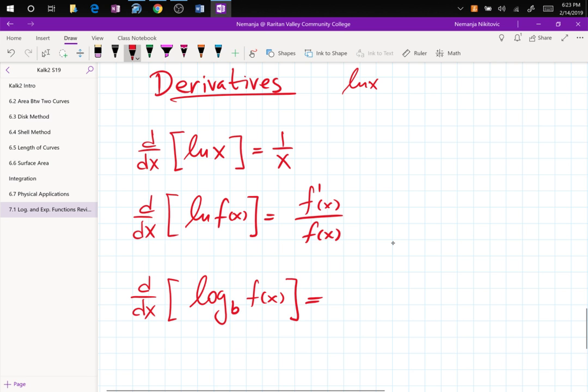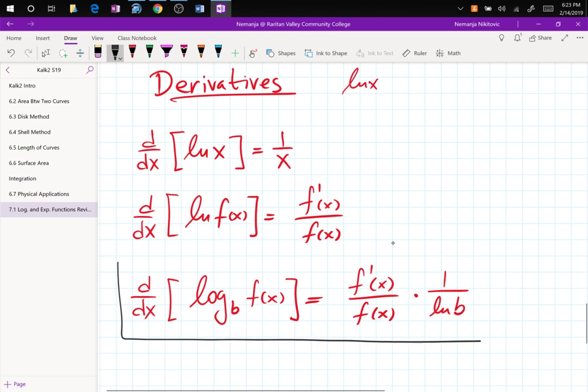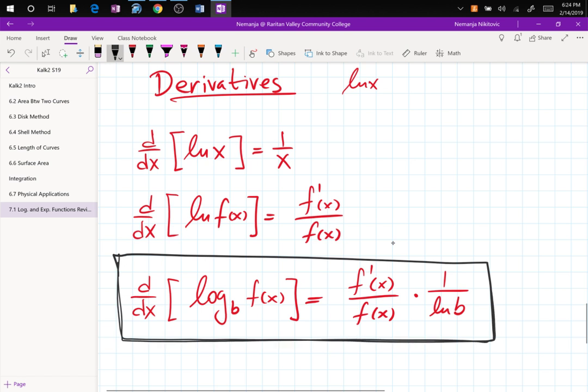We have the same, which is f prime over f of x, and then times 1 over ln b. So this is the boss formula. And you might see this like twice. This formula you are going to see all the time.